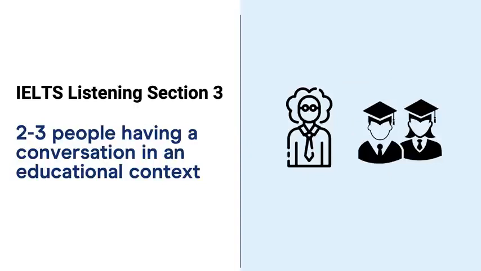In section 3, you'll hear 2 or 3 people having a conversation in an educational context. So for example, you might hear 2 students talking about an assignment, and perhaps you'll hear the professor as well. Or maybe they'll be talking about giving an oral presentation.